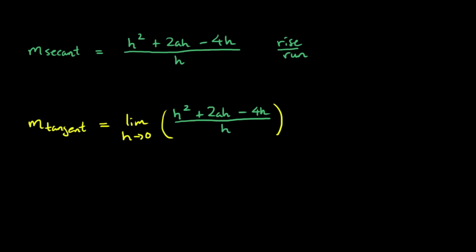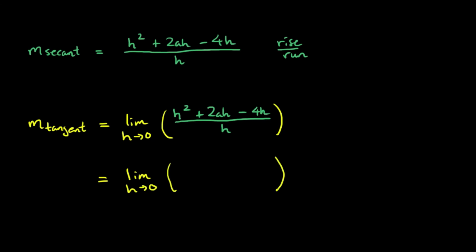And if we substitute h equals 0, or what I should say, if we let h approach 0, then every single term in our numerator and denominator will go to 0, and we get indeterminate form 0 over 0, which is hopefully hardly surprising at this point. So we have to do a little bit of algebra, which is not too intense when we're working with polynomials.